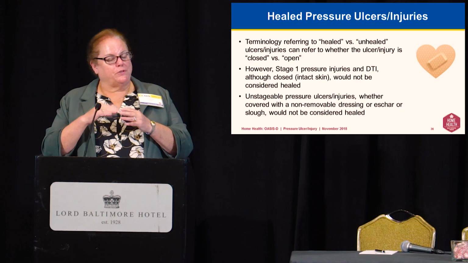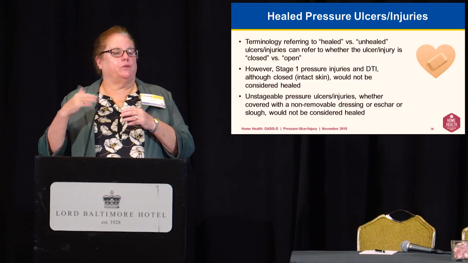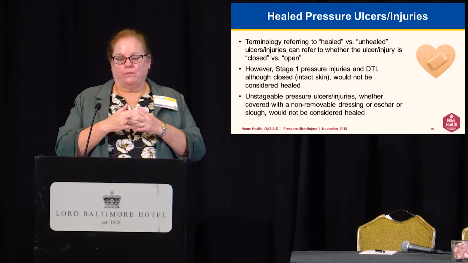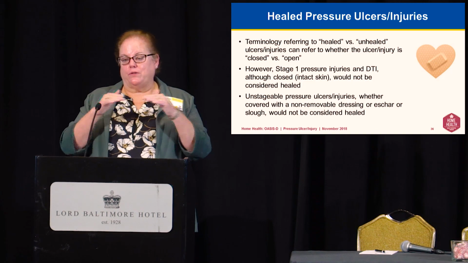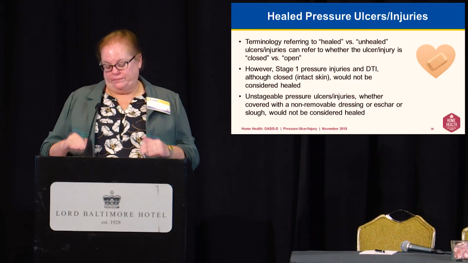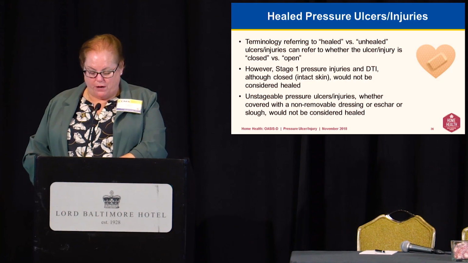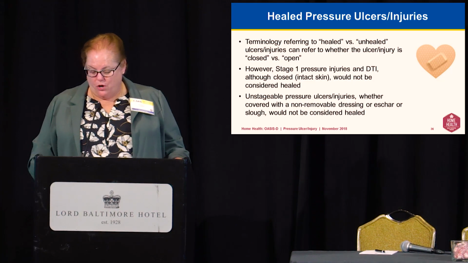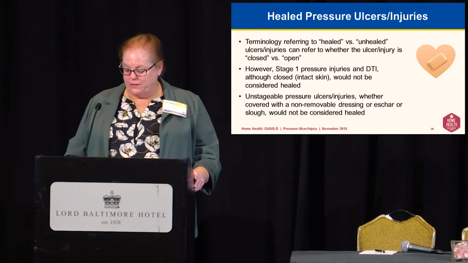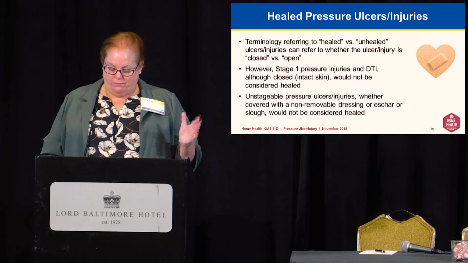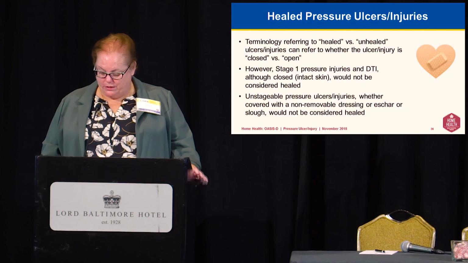And a stage 1, that persistent redness that is non-blanchable and doesn't go away, is still a stage 1 pressure ulcer, right? Even though the skin is intact. And then unstageable pressure ulcers or injuries, whether covered with non-removable dressings or devices, or eschar or slough, would not be considered healed because we don't know what's underneath that.